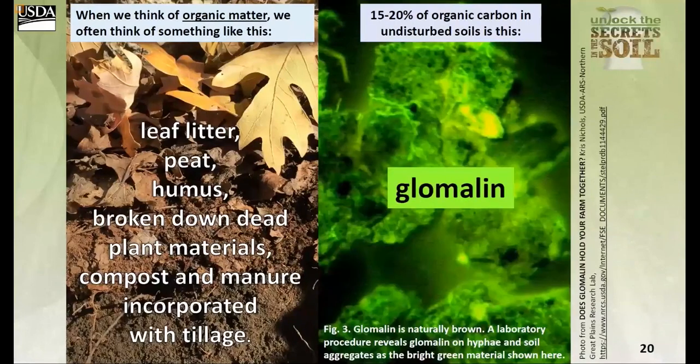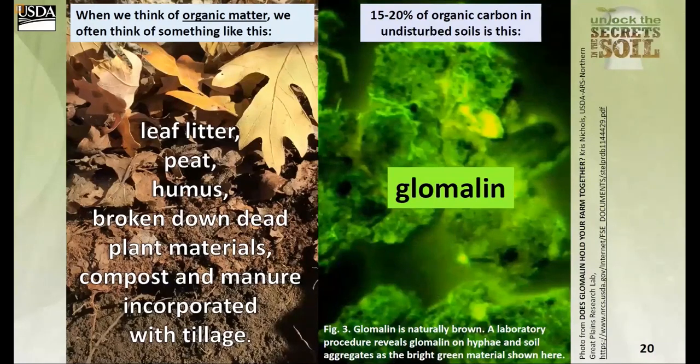But 15 to 20% of the organic matter, or organic carbon, in undisturbed soils is actually glomalin that coats these soil particles. And when they were able to identify glomalin, they developed a procedure to make it glow as this bright green material so that you can see how it's covering all of those soil aggregates everywhere.